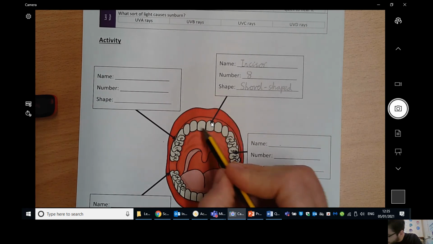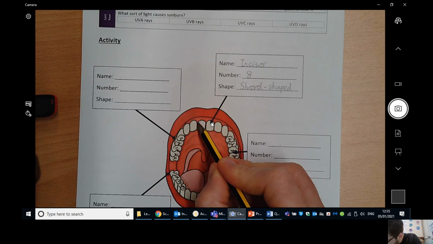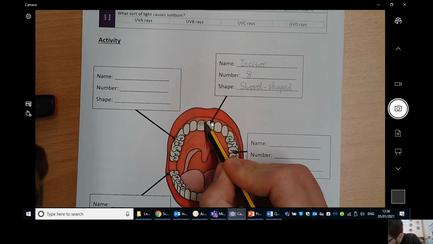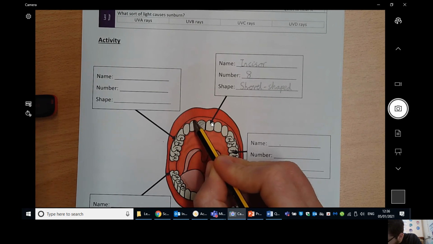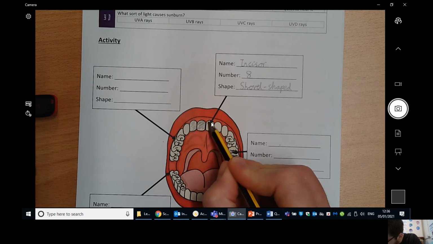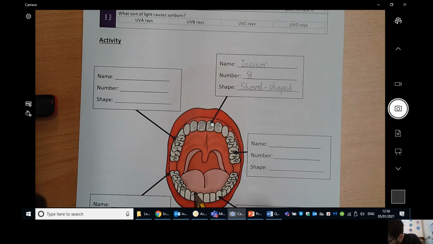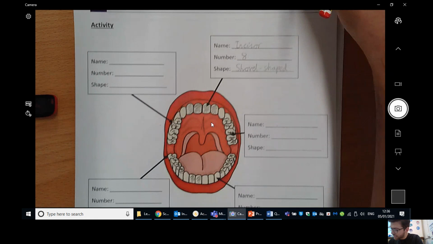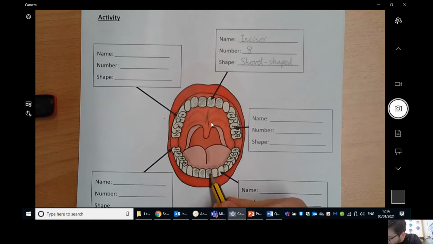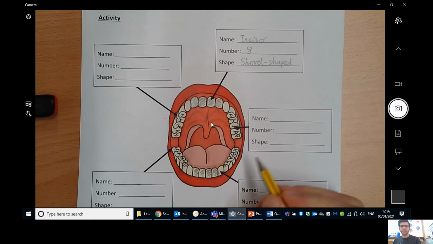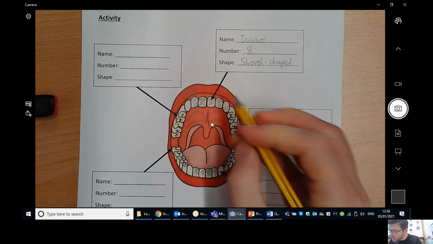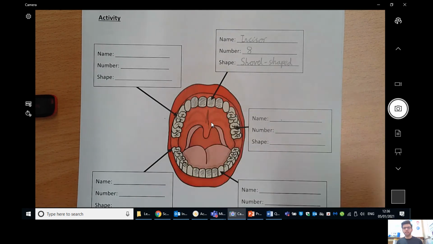It's the 4 at the top, right at the front. So I'm going to shade these in. It doesn't need to be absolutely perfect. 1, 2, 3, and 4. I hope that's clear for you.